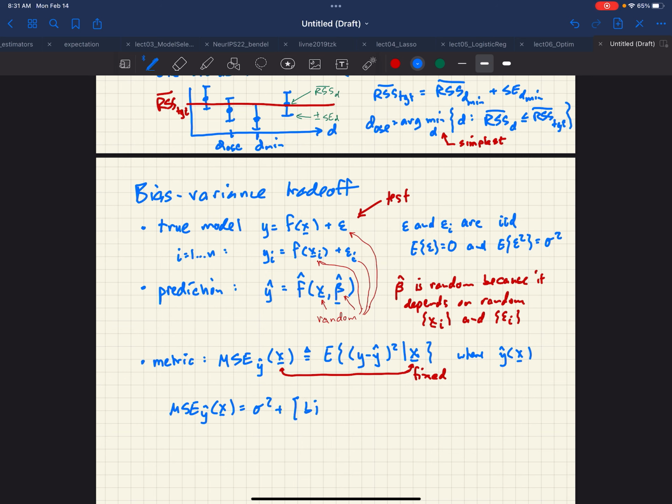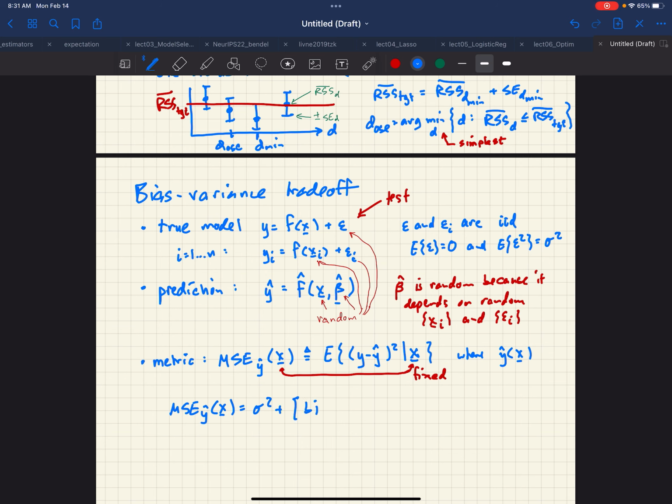So when we make a plot of these things, we have model complexity like D on the horizontal axis.